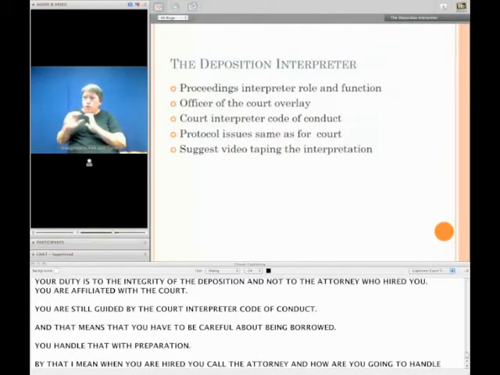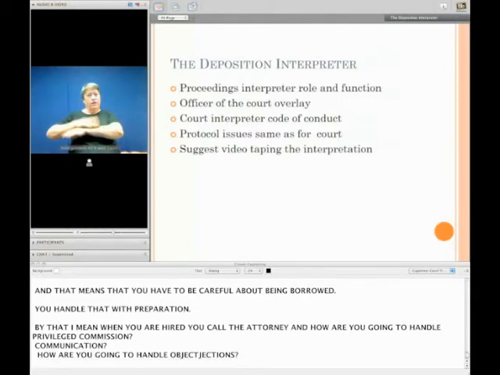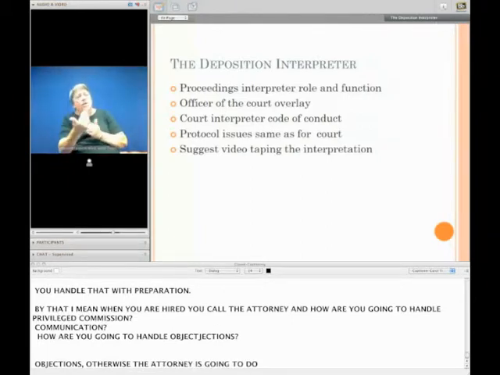How are you going to handle objecting to the errors in the interpretation and advocating for a table interpreter to be provided by the court? Otherwise, the attorney is going to do exactly what they do in court and expect you to do the privileged interpretation for them.